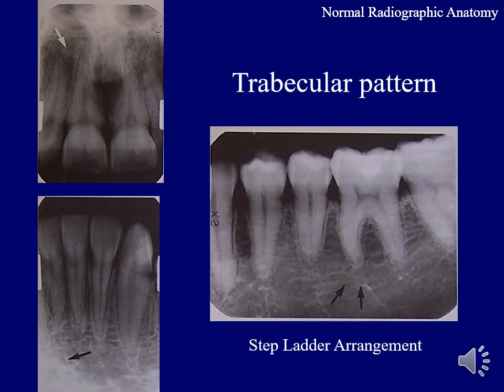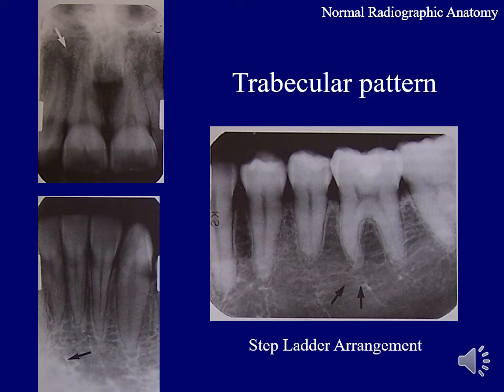The trabecular pattern in the anterior maxilla is very thin and numerous, as shown in the image on the left hand side top. This forms a fine, granular and dense pattern. The trabecular pattern in the posterior maxilla is similar to the anterior maxilla, although the marrow spaces are larger.